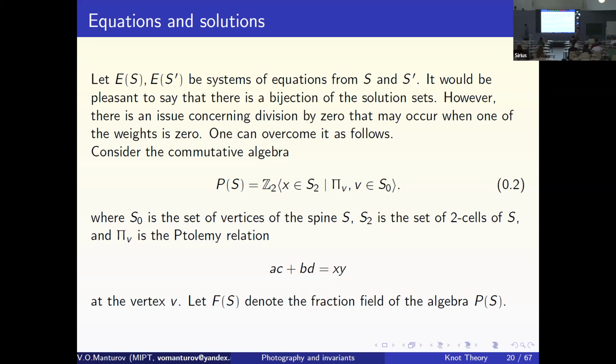Otherwise, we cannot apply Matveev-Piergallini moves. If you look at the dual triangulation, you should avoid loops in the triangulation. But this is a minor thing. If we have loops, we can avoid them easily.